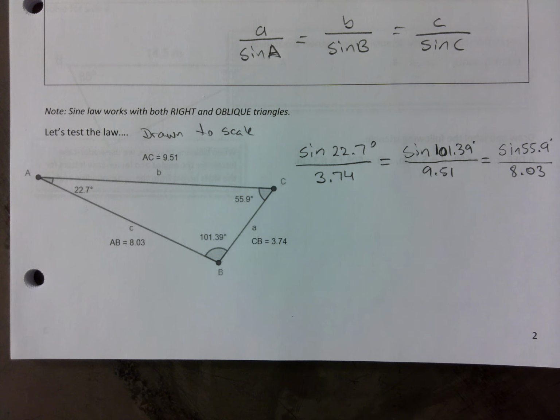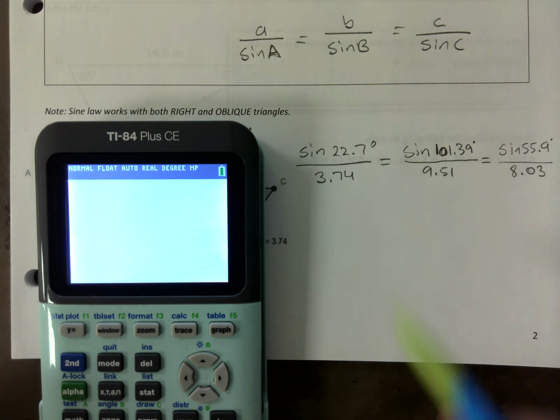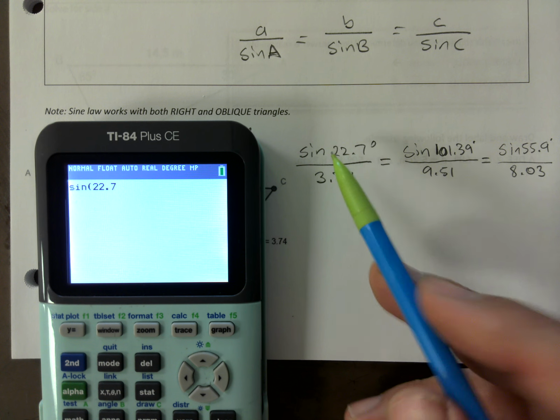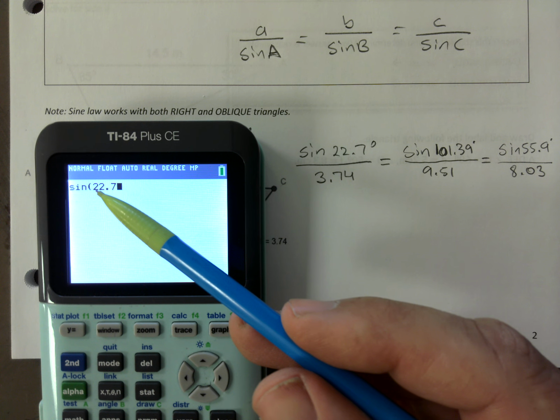And now I want you to use your calculators for the following part. It's just to learn how to enter things properly. So we're going to go sine of 22.7, and notice there's something you need to keep in mind. It always has a bracket to start.